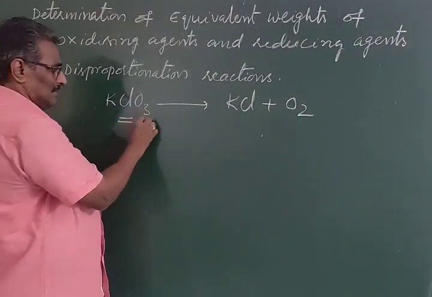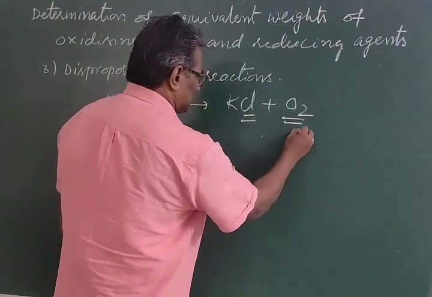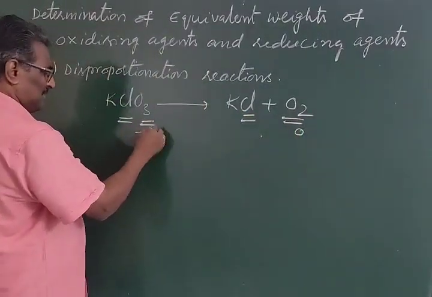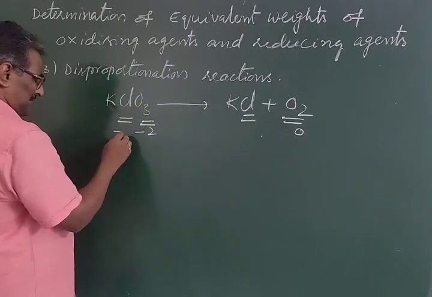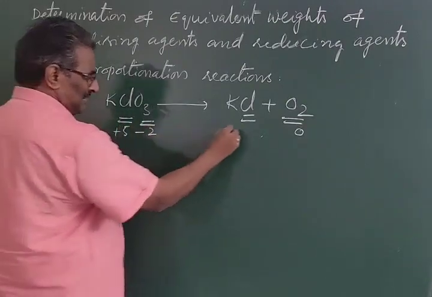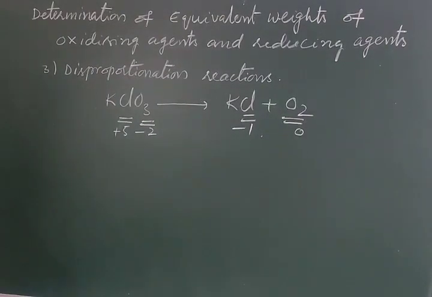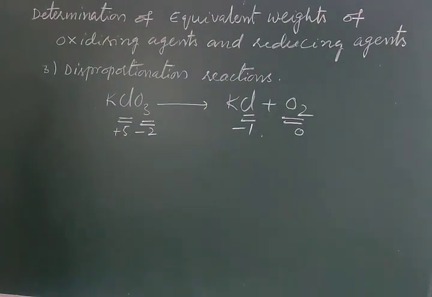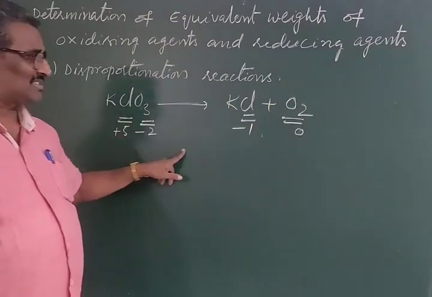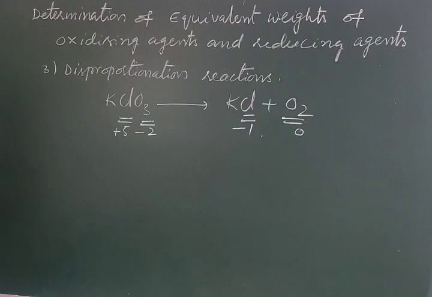Here oxygen's oxidation state goes from -2 to 0, and chlorine's oxidation state goes from +5 to -1. The oxidation state of chlorine is decreasing, so chlorine undergoes reduction. The oxidation state of oxygen is increasing, so oxygen undergoes oxidation.